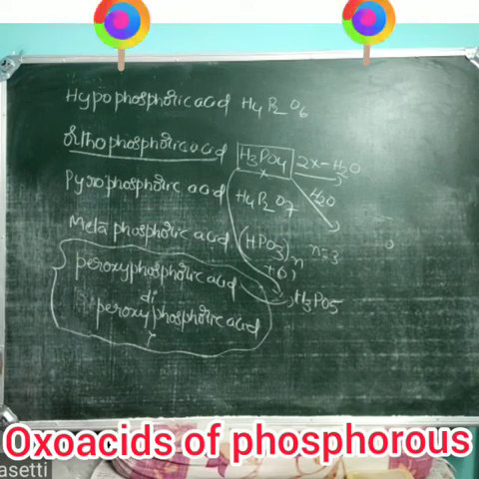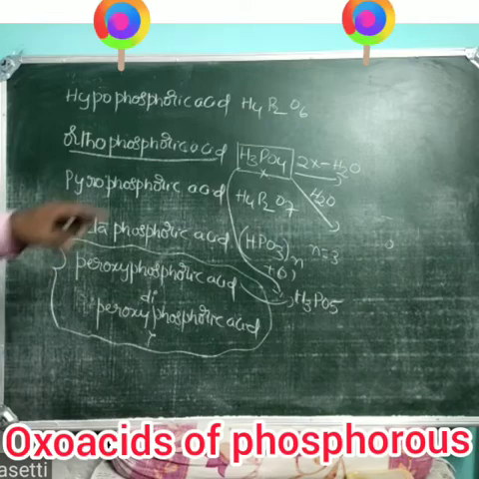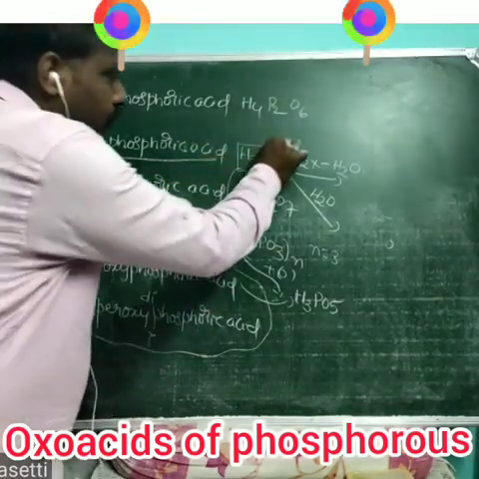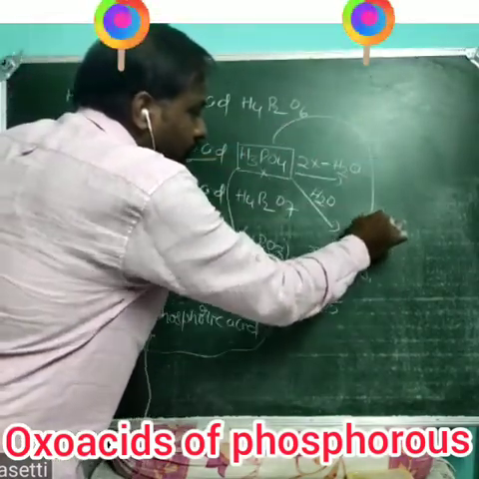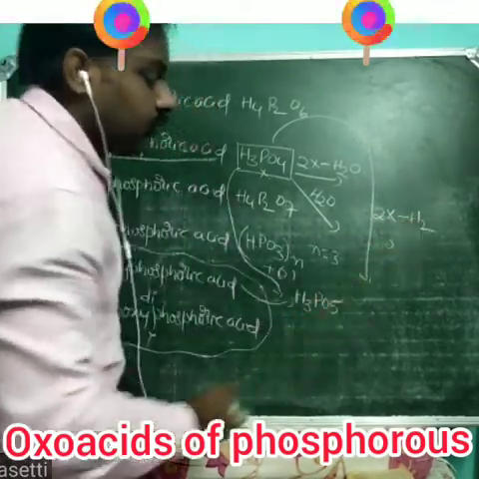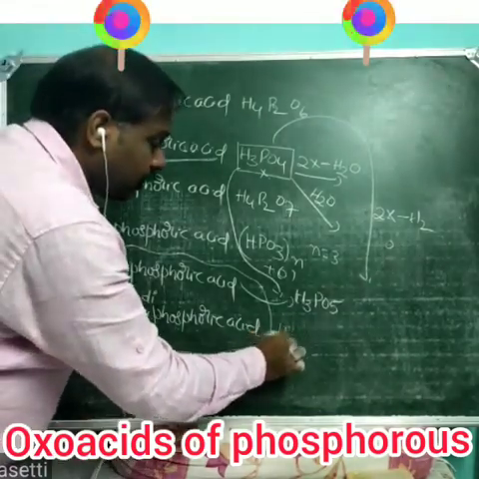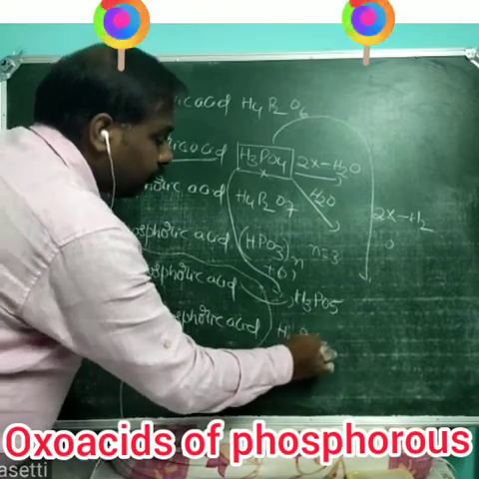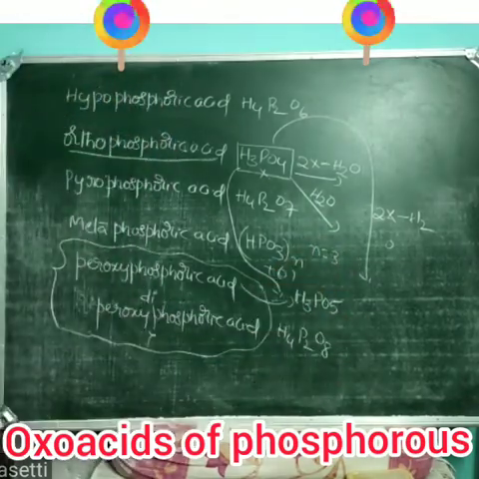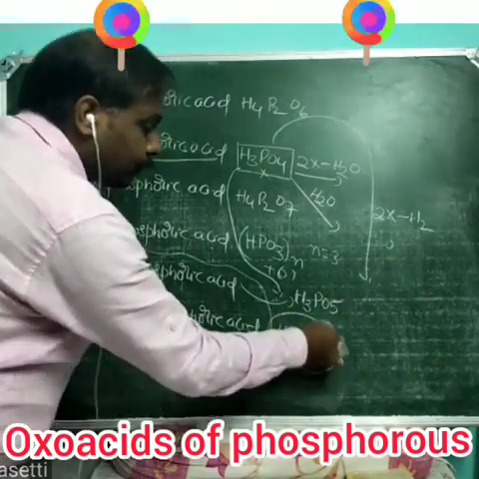Now, how will we get peroxydiphosphoric acid? For that, multiply this orthophosphoric acid with 2 and remove 2 hydrogens. Then the formula is H4P2O8. Peroxydiphosphoric acid formula, H4P2O8.